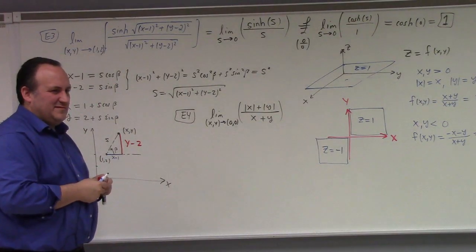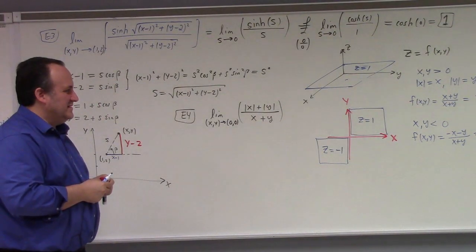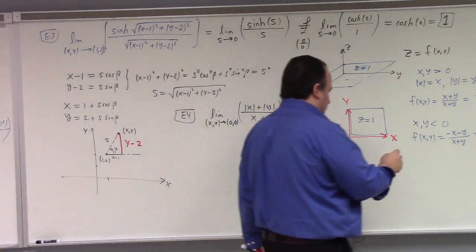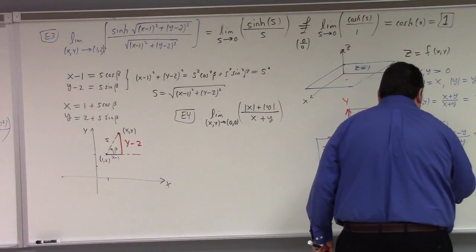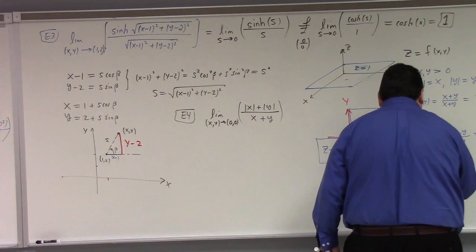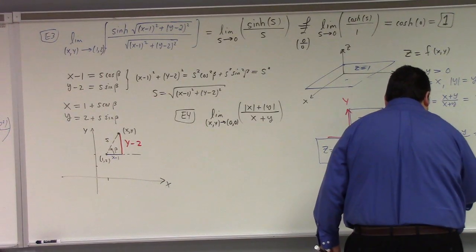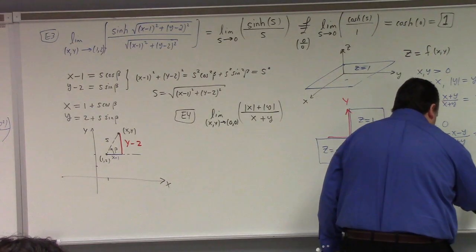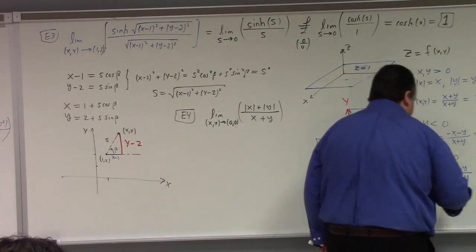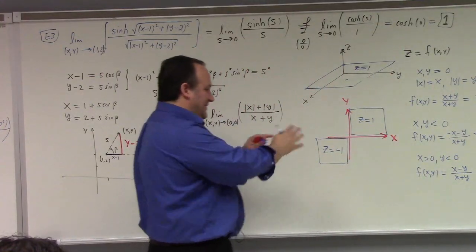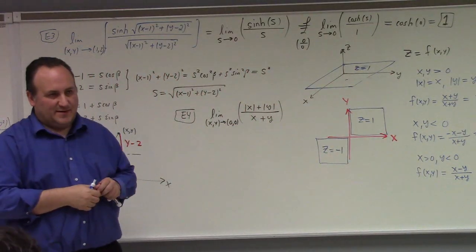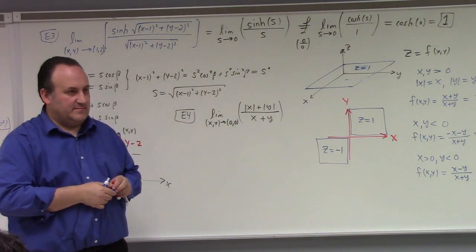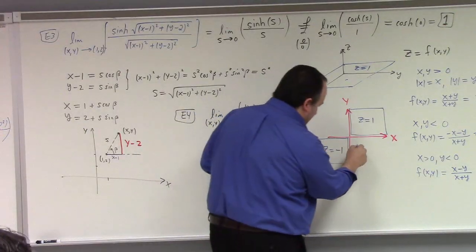But what about the other ones? If x is positive and y is negative, then f of (x,y) is what? The absolute value of x is x, but the absolute value of y is -y. And that's not 1 or -1. That's complicated.